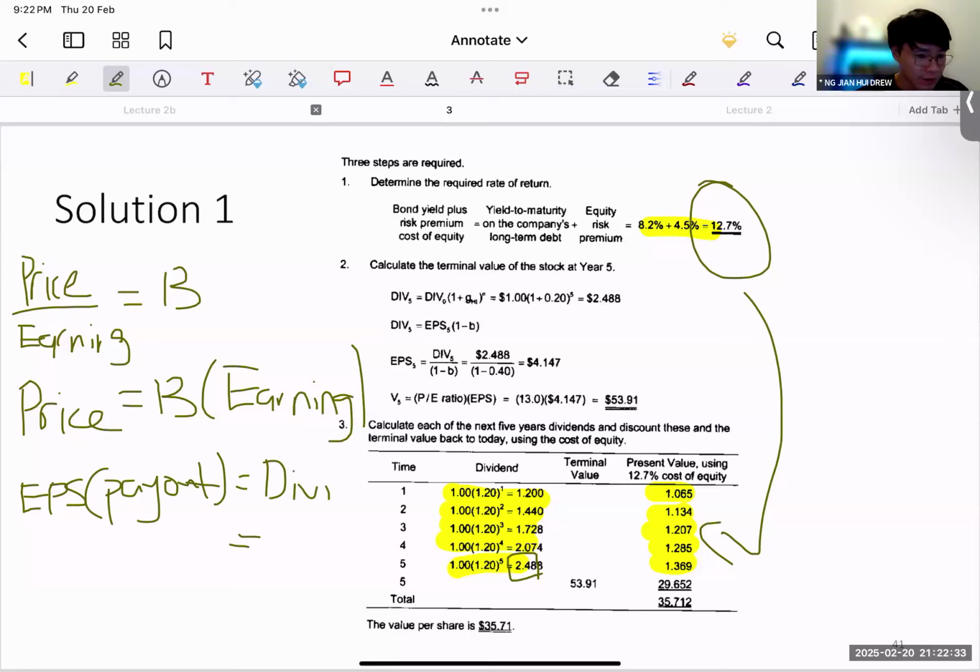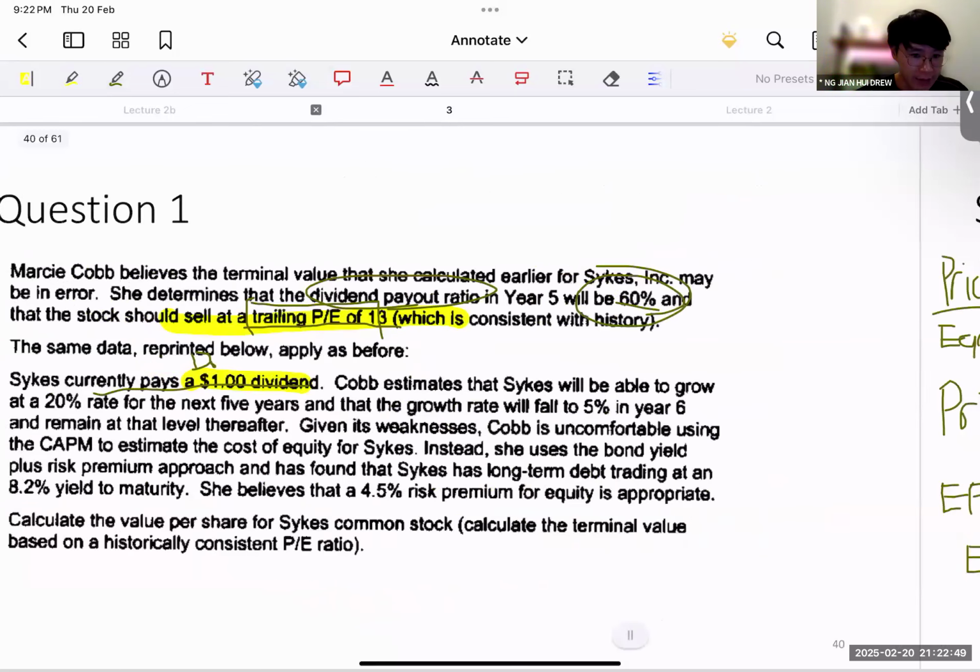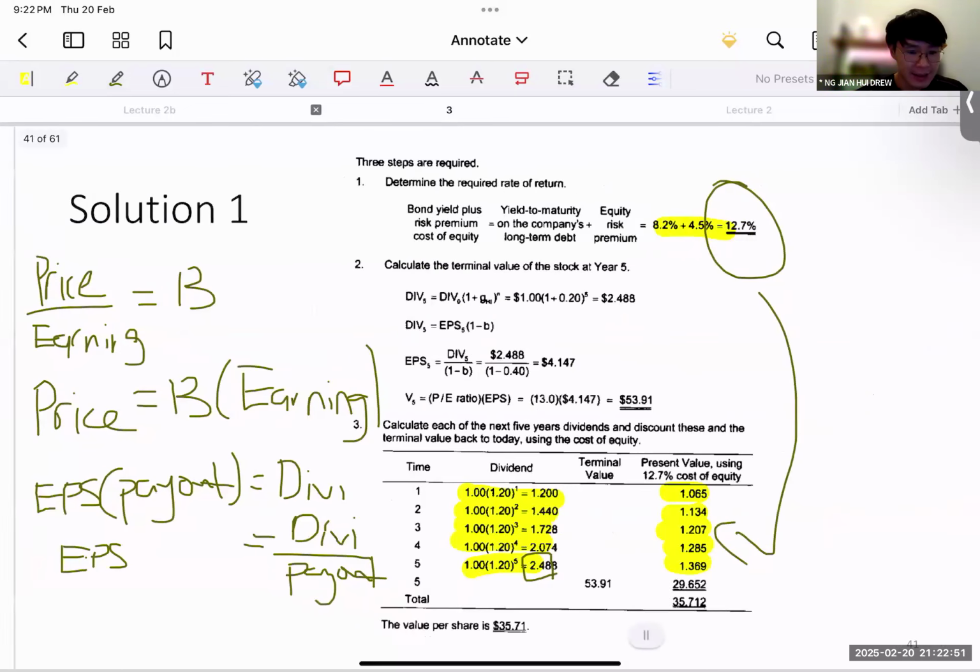So your EPS equals your dividends divided by payout, and your payout ratio is 60%.